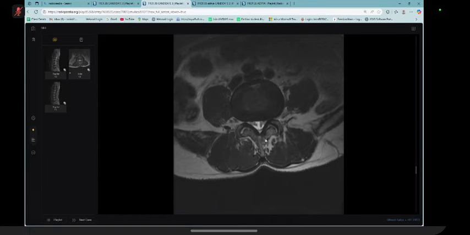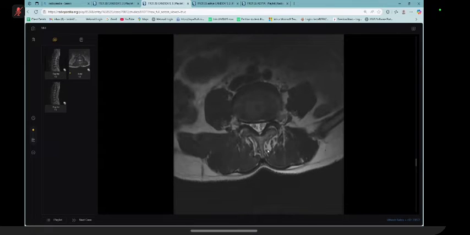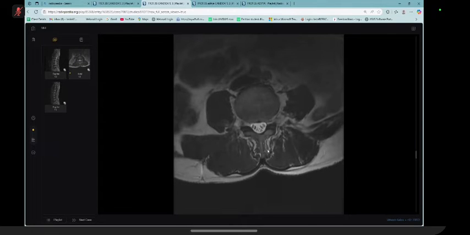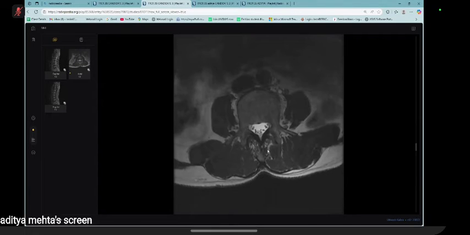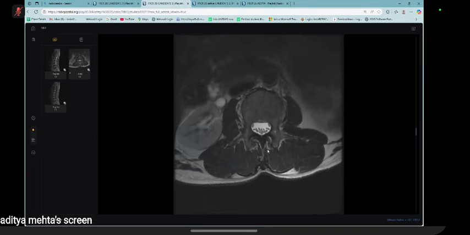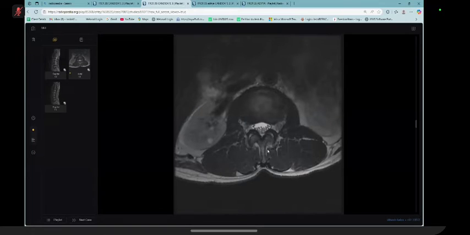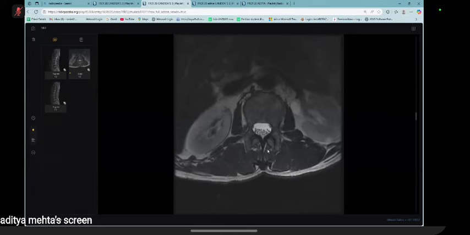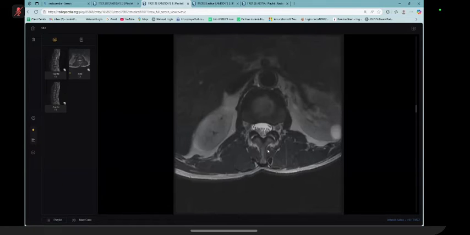So this may also cause radiating pain in the back. Okay, all these levels appear normal. Here there is evidence also of a mild disc bulge, but here is normal.